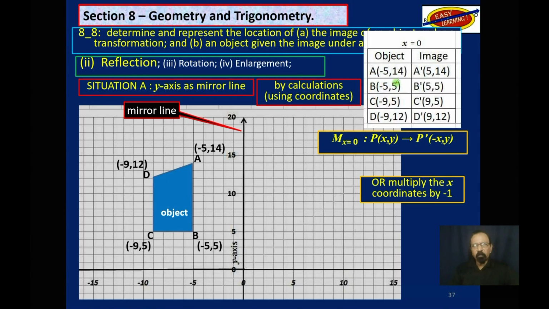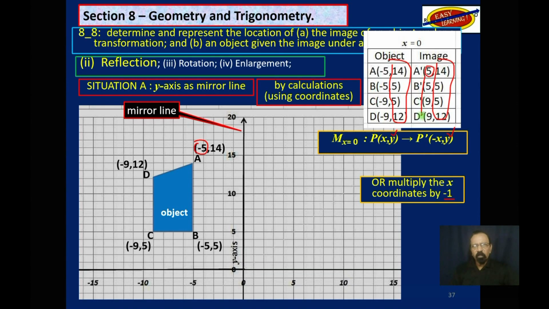If we do the calculation, you notice the y values do not change. The y values stay the same. You multiply whatever the x value on the object is by -1. So this -5 would become +5, and so on.